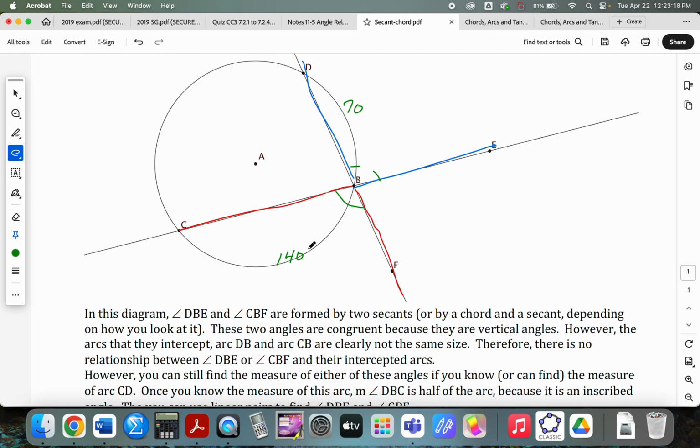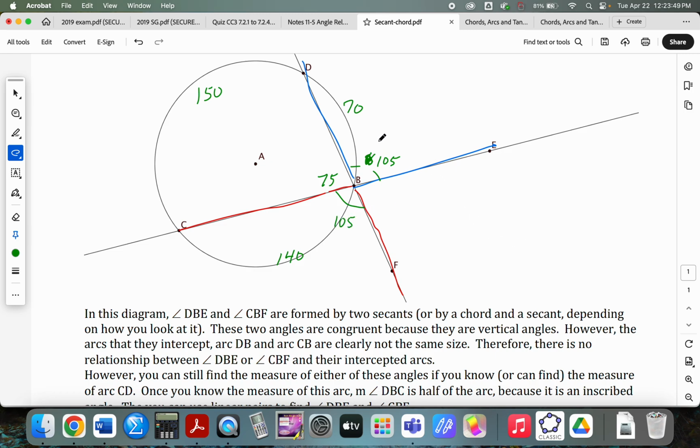So if that's 70 and that's 140, together that makes 210, which leaves how much for this arc over here? 150. If that's true, then this is 75, and this is, subtracting from 180, 105, right? This would also be 105.